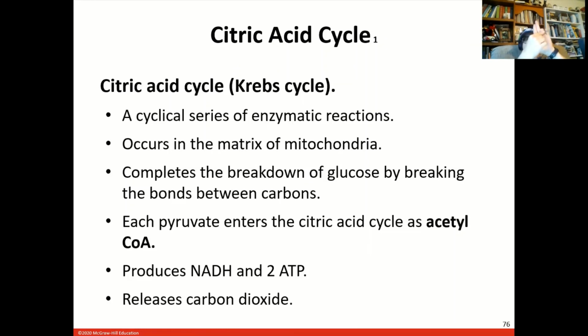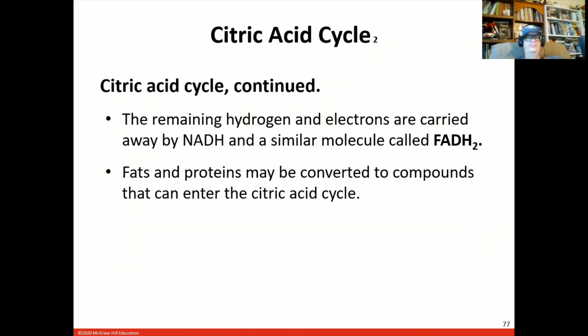Basically, we break the bond, harvest the electrons. And what do we do with this carbon that we got rid of? We combine it with an oxygen and breathe it out. That's how we get rid of the carbons. All we're doing is breaking the bond to take the electrons and then breathing out that carbon as carbon dioxide.